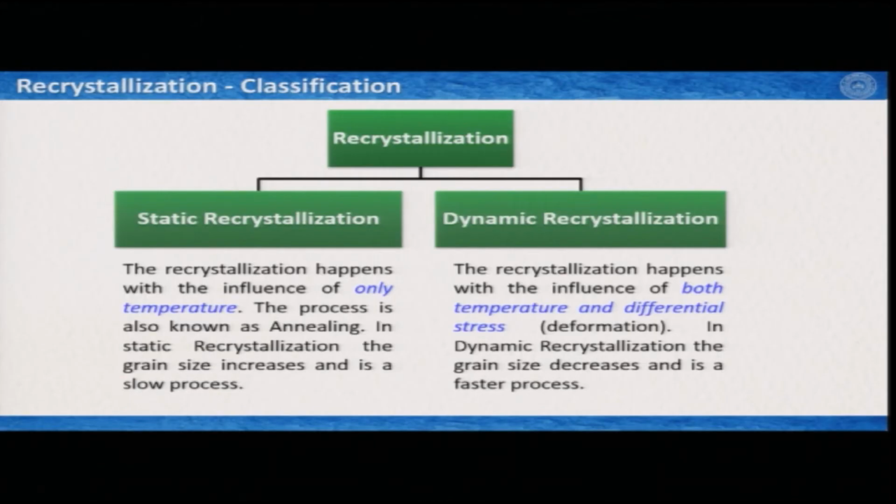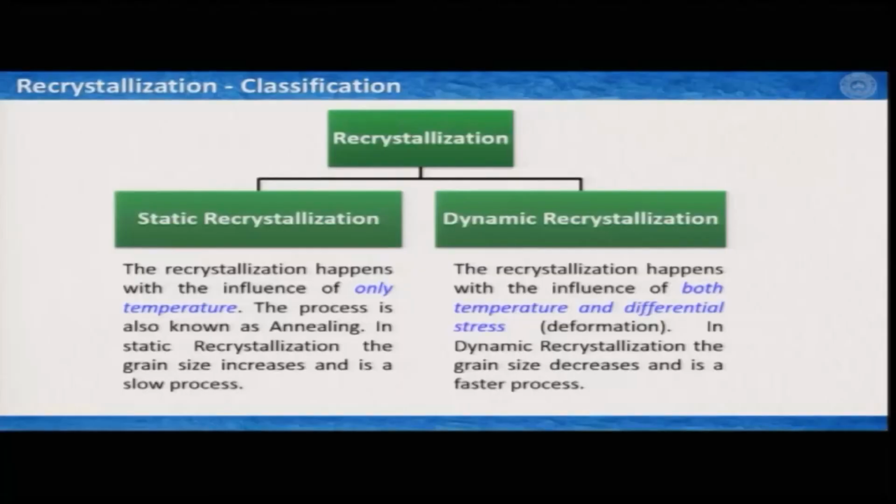The dynamic recrystallization, on the other hand, happens when you have influences of both temperature and differential stress, that means deformation. In dynamic recrystallization, the grain size generally decreases, but there are some evidences where grain size has increased, and it is a faster process.